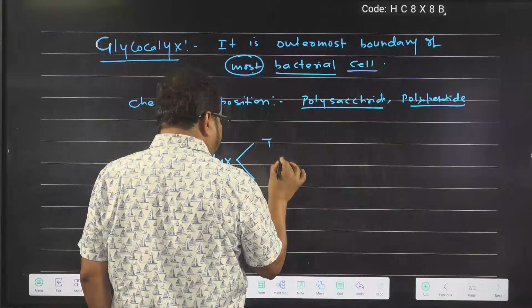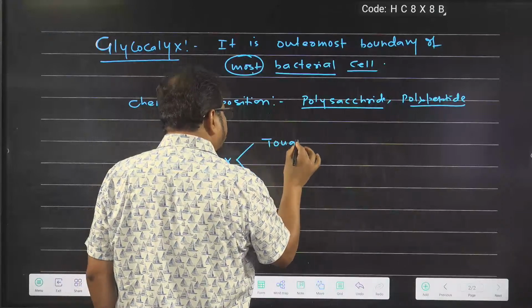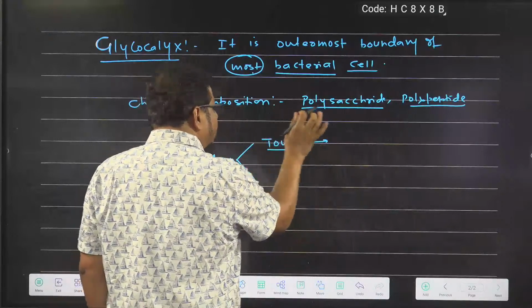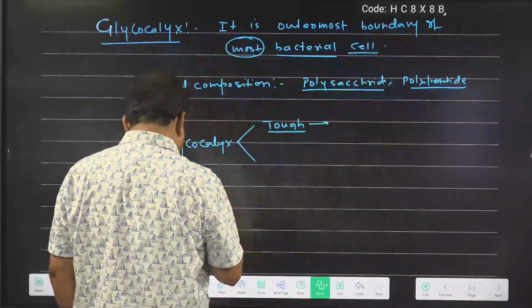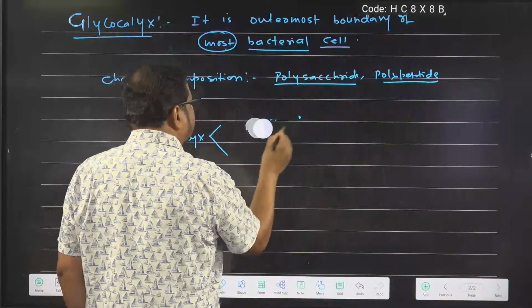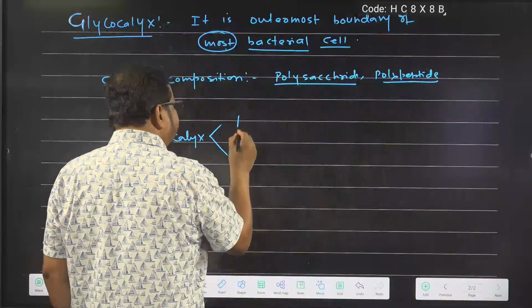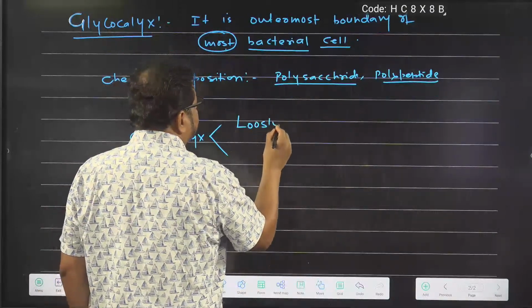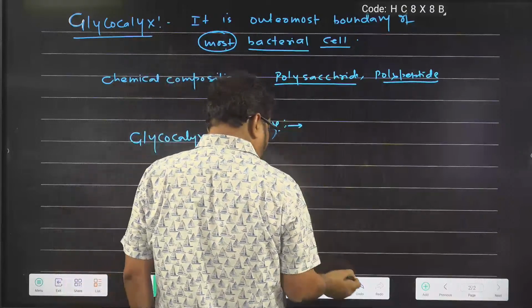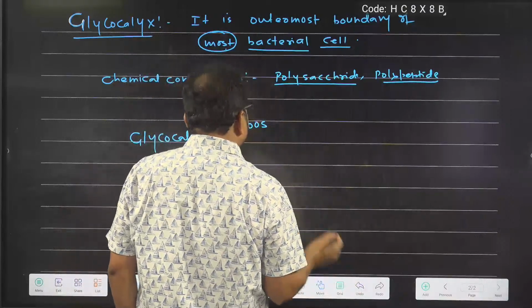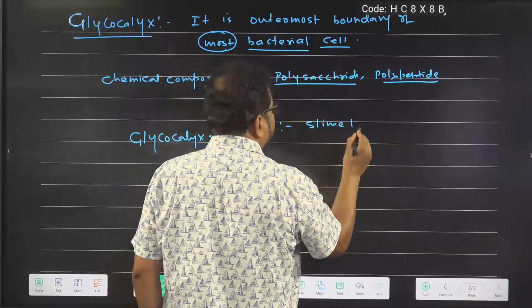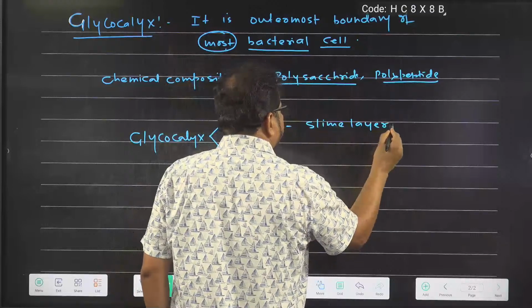If it is loosely arranged, if glycocalyx has material chemically arranged loosely, it is called slime layer.